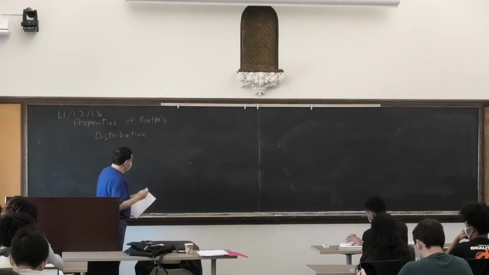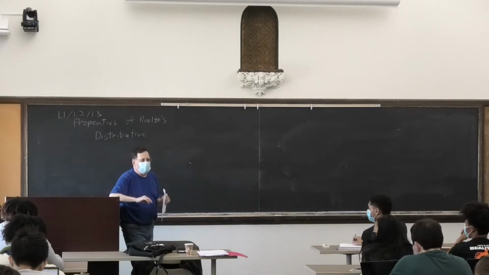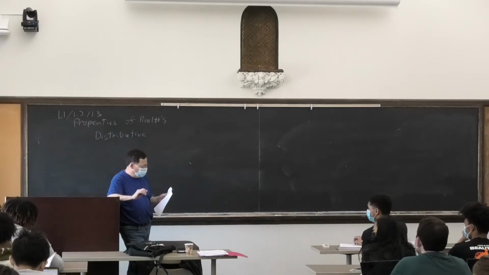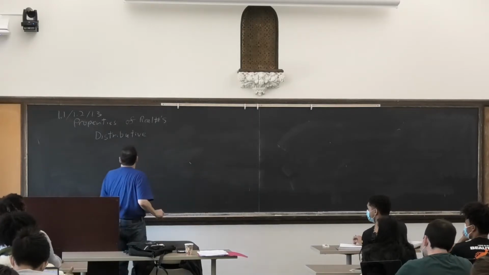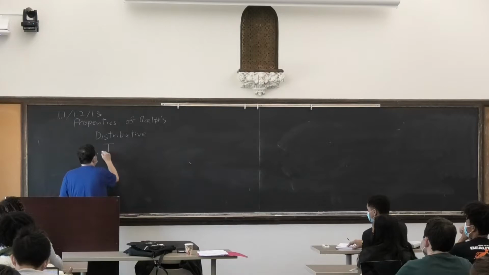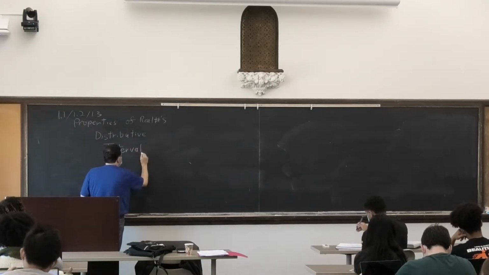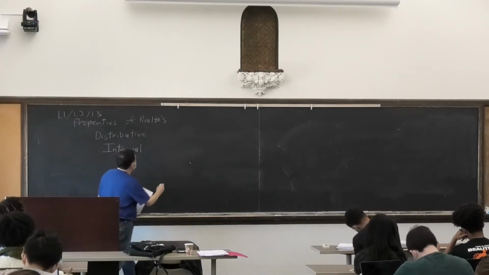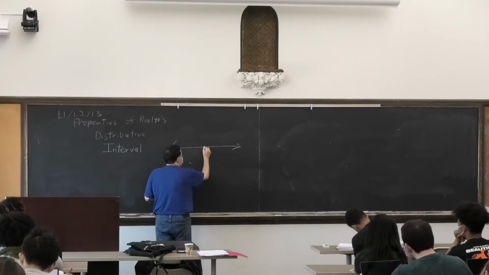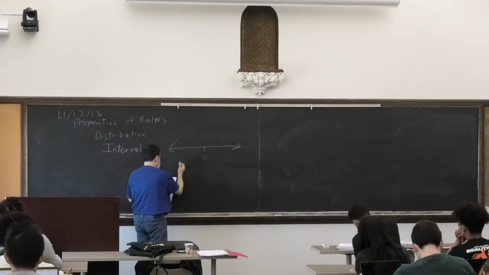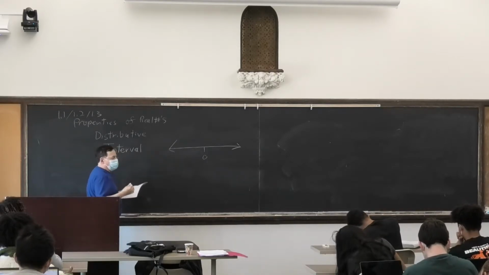Okay, so the next topic kind of fits more in what we were talking about on Tuesday. We were talking about sets. We want to talk about a particular type of set called an interval. An interval is a subset of the real number line. And you've probably done this before.